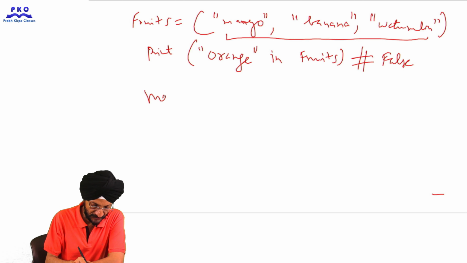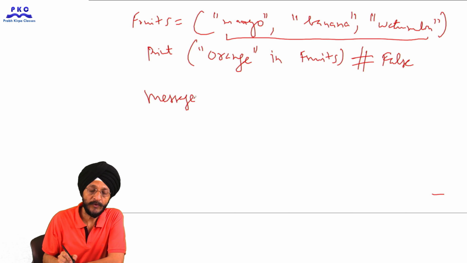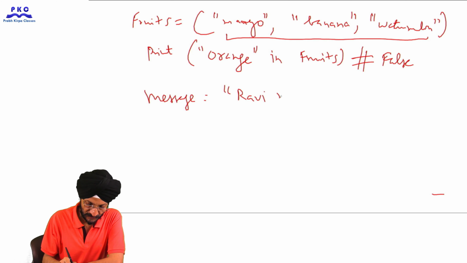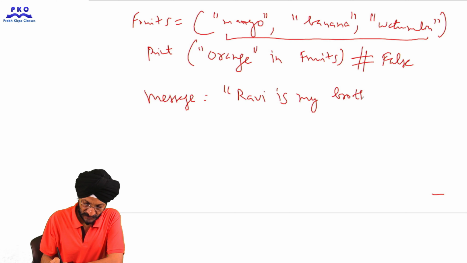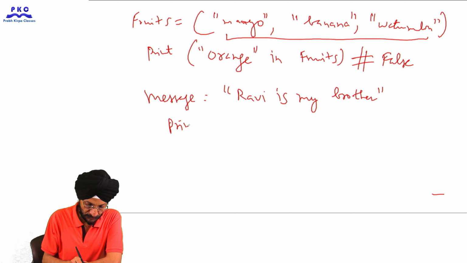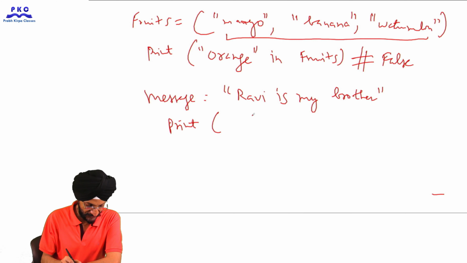Suppose we take another example. We have created a variable message and we have written Ravi is my brother. Here we use the print function to find out whether "I am" is in message.